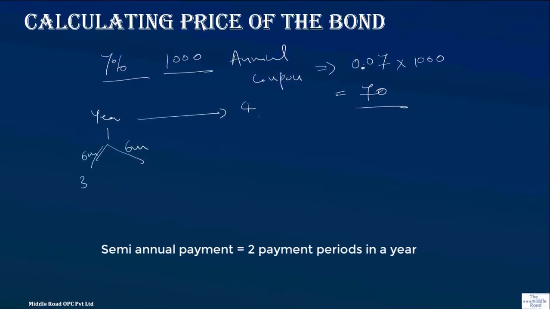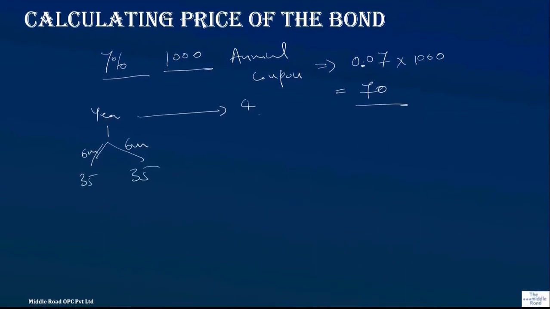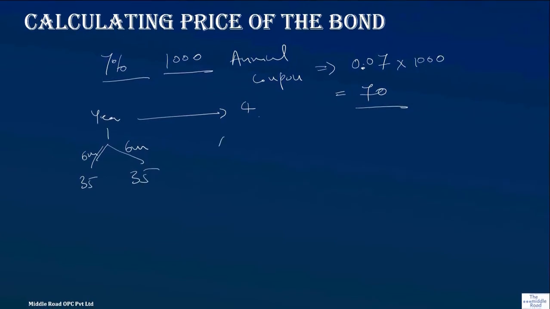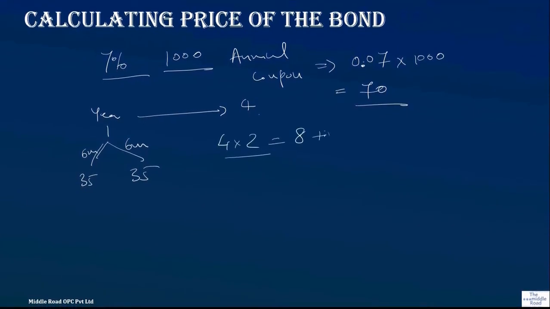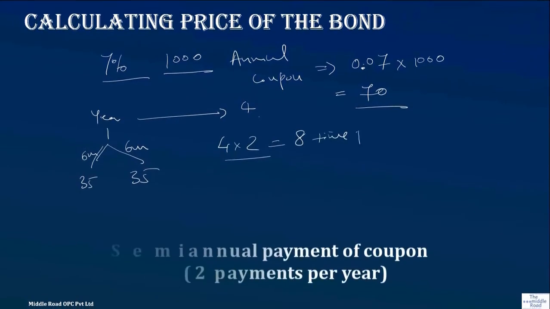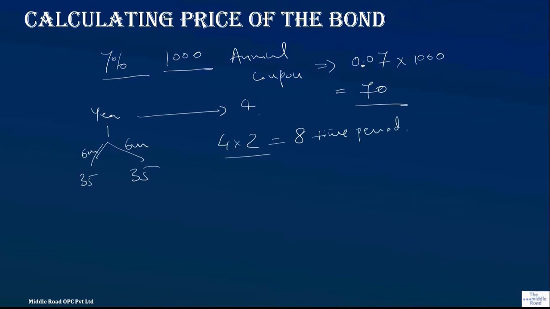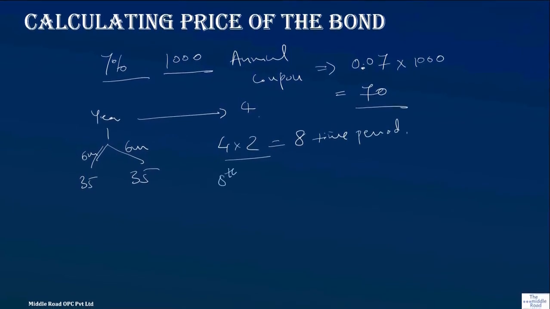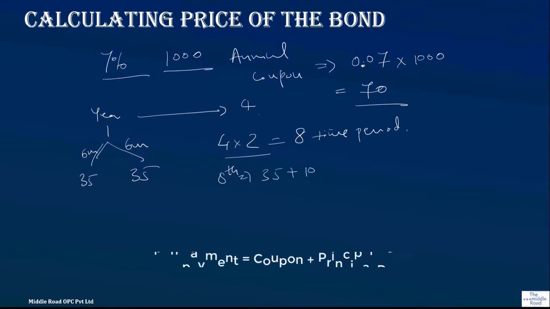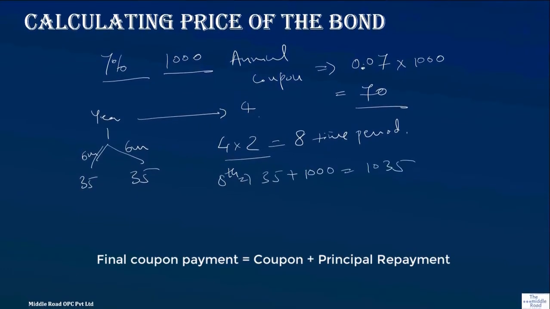You will be paid a 35 coupon here and a 35 coupon again. The total number of periods is 4 times 2, so you have 8 time periods when you are going to be paid the coupon. In the last time period, the 8th one in the 4th year, you are getting a coupon of 35 plus a principal repayment of 1000, which is 1035, the last cash flow.